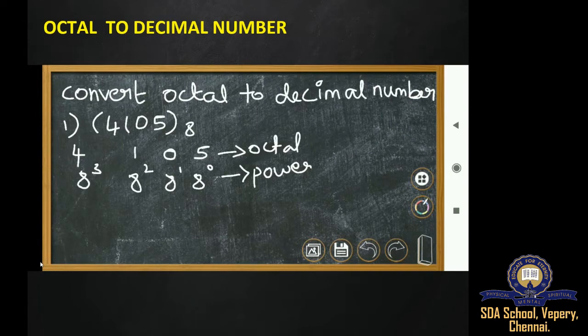Now we are going to write the corresponding powers, that is the value. We are going to find the value of each power. 8 to the power 0: any number that has its power 0 gives 1. 8 to the power 1 is 8. Next 8 to the power 2, 8 into 8, we get 64.